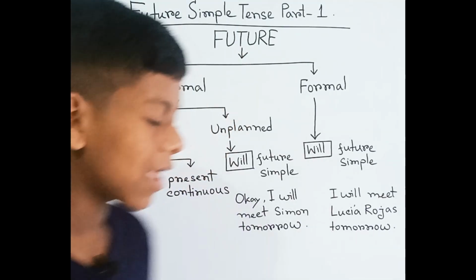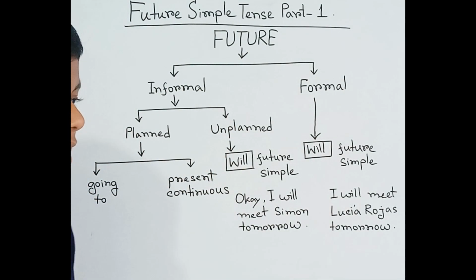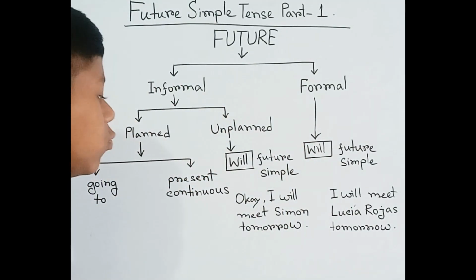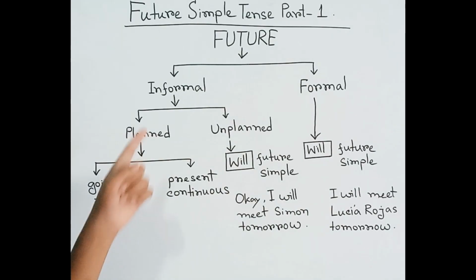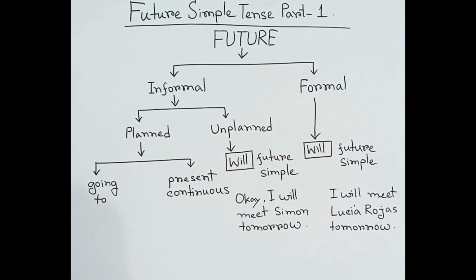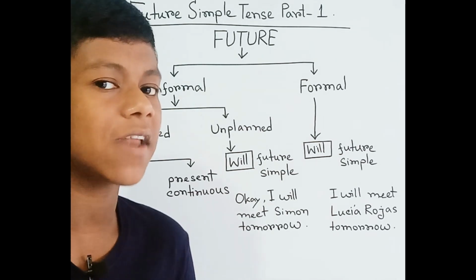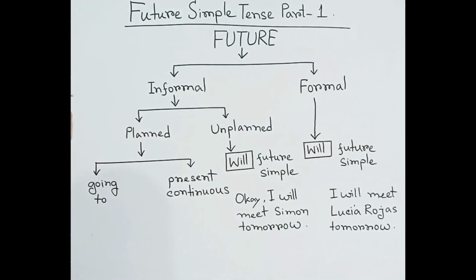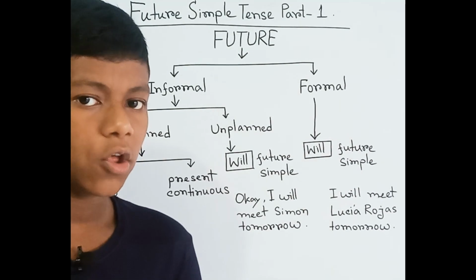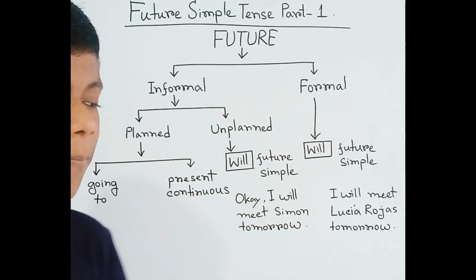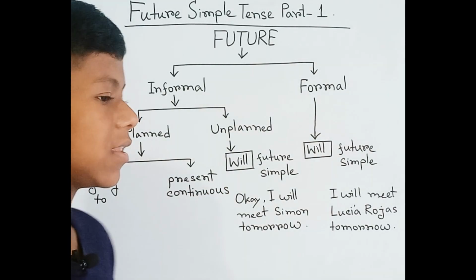Formal is the basic way, but now we will discuss informal. It is a little bit of an advanced level, but no problem, we will try to understand it. There are three parts to understand: going to, present continuous, and will.